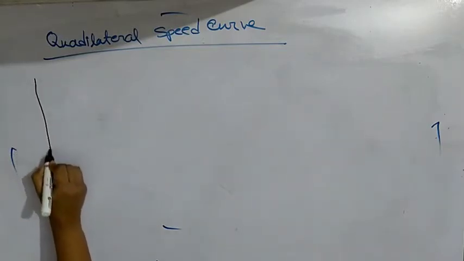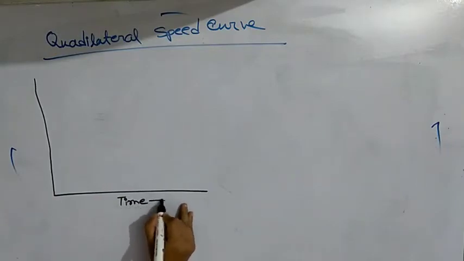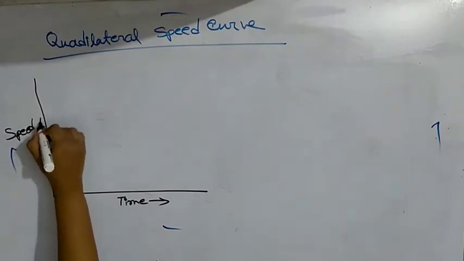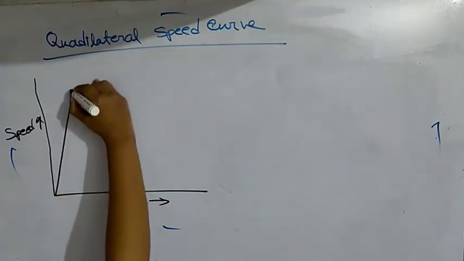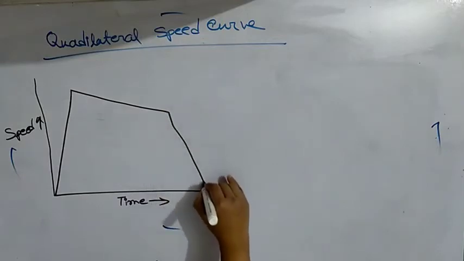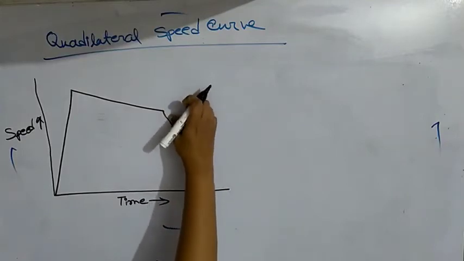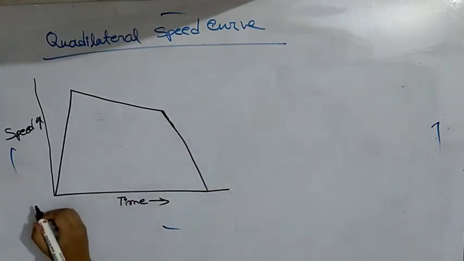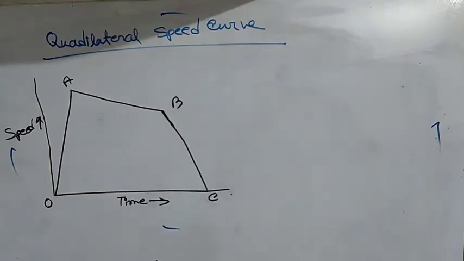This is my speed axis and this is my time axis. This is point O, this is A, this is B and this is C. So this is the quadrilateral speed time curve.